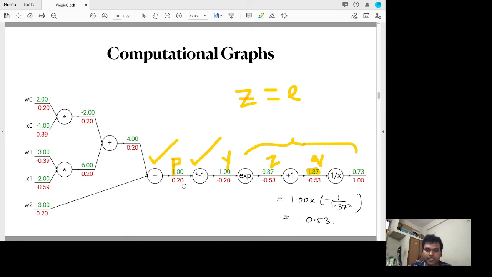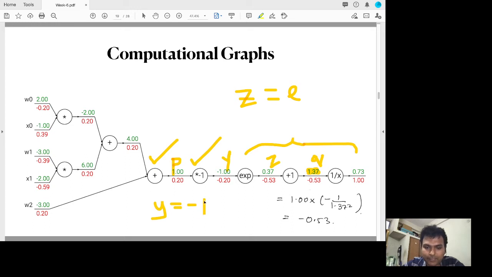Y equal to minus p, so the derivative of y with respect to p would be... You guys need to get hold of derivatives, or maybe I have not written it clearly. Concepts are clear, derivatives are not clear. See, this is y equal to minus p.